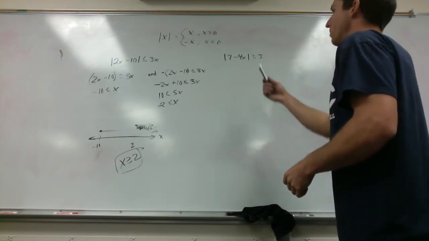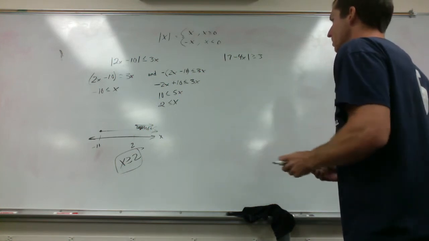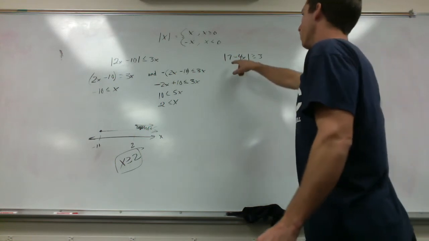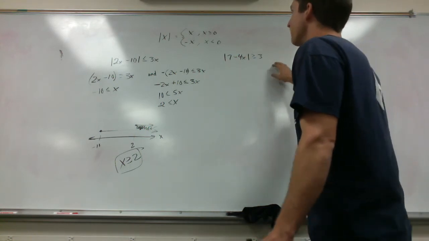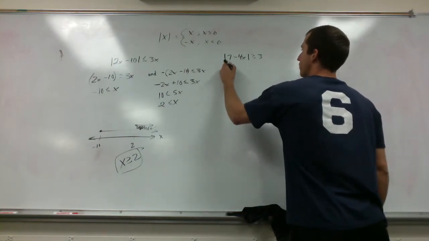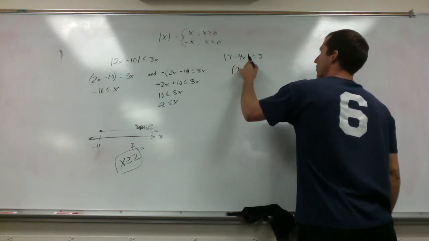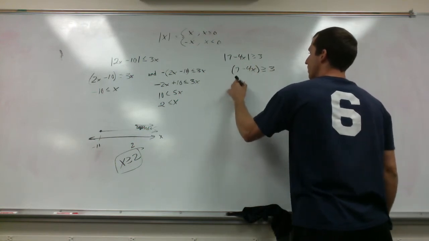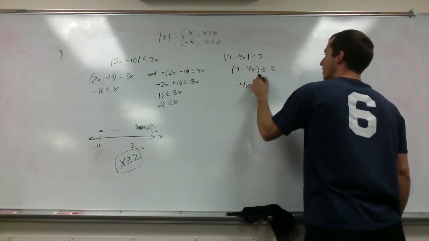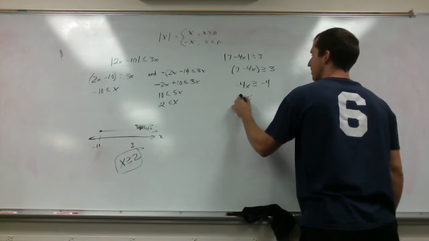This one's a little more typical of an inequality. You'll see you're just trying to figure out if the absolute value of some function is greater than some constant. We'll solve it the same way. 7 minus 4x is greater than or equal to 3. -4x is greater than or equal to -4. X is less than or equal to 1.